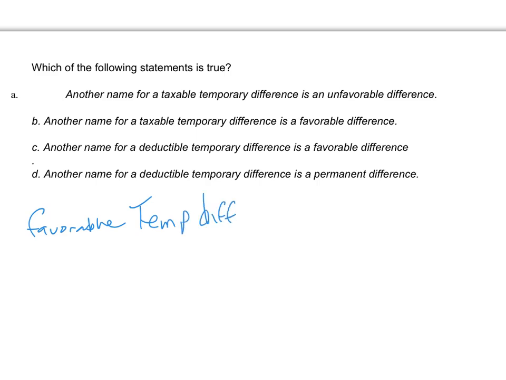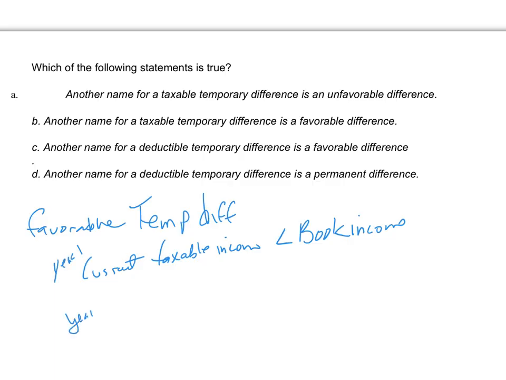A favorable temporary difference causes your current year taxable income to be less. So that causes your current taxable income to be less than your book income, which means this is this year, year one, and then potentially in year two or some year down the road, so year X, that is going to reverse.